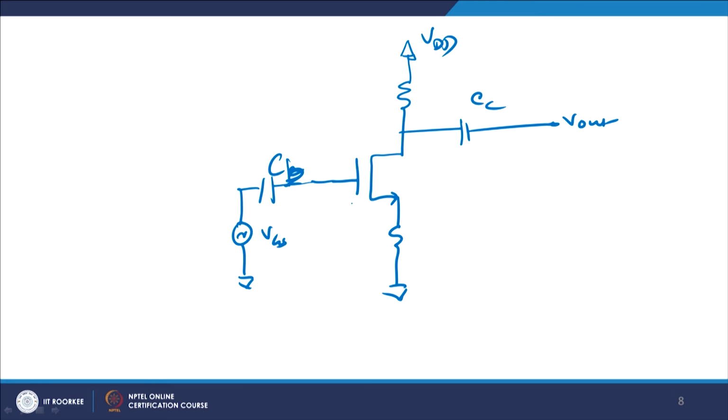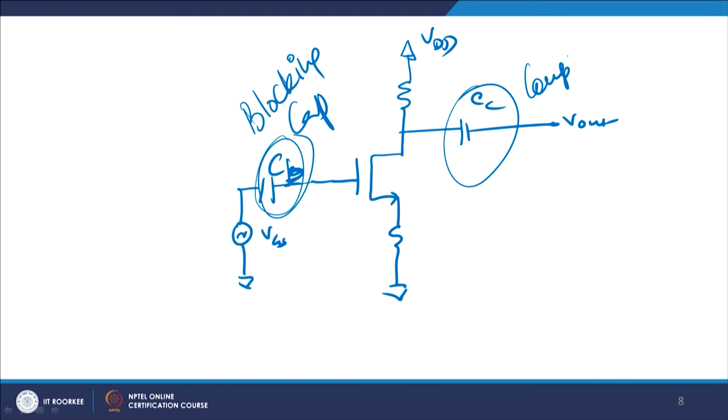We have got two types of capacitors here, right, and these capacitors are also known as blocking capacitor CB. This is known as blocking capacitor, and this one is known as a coupling capacitor.